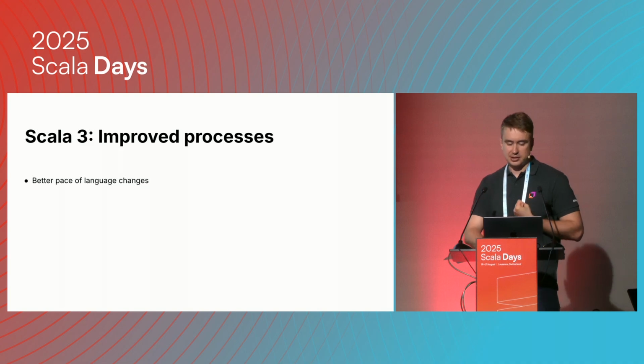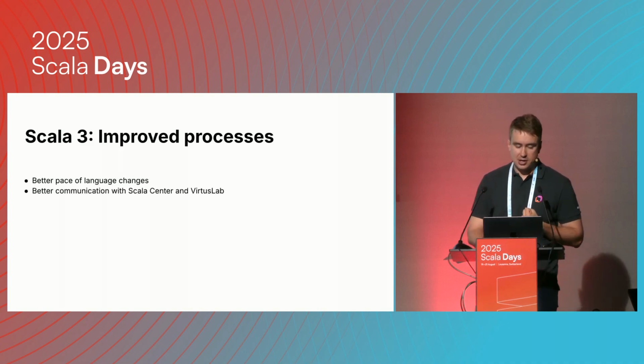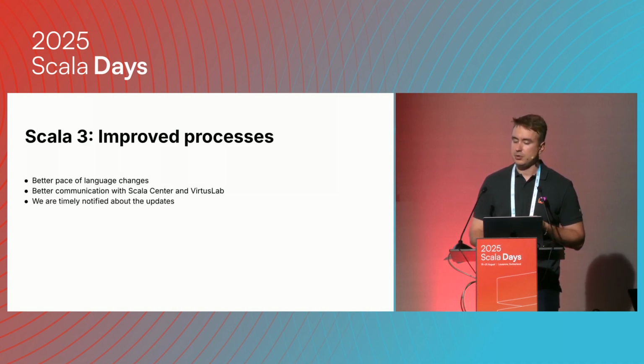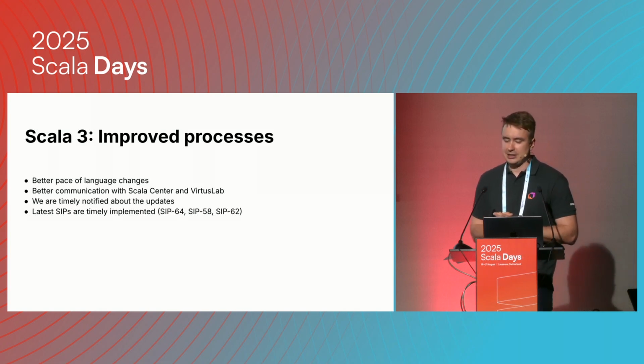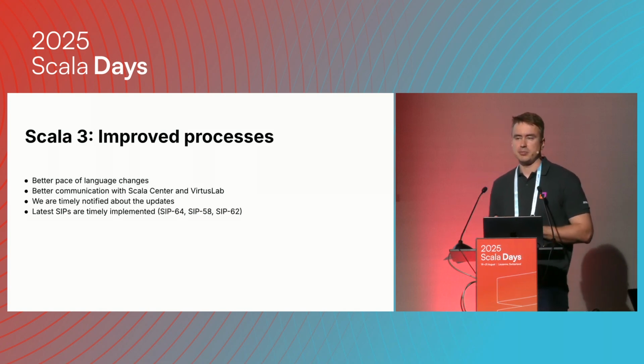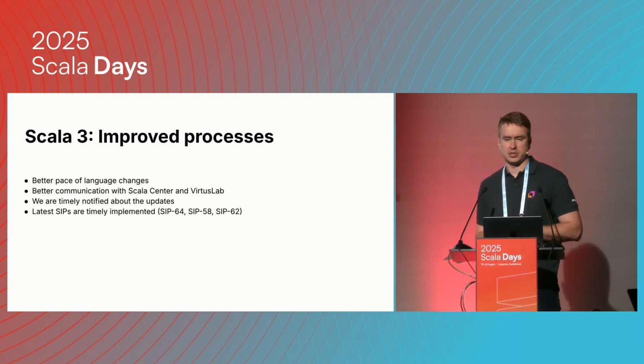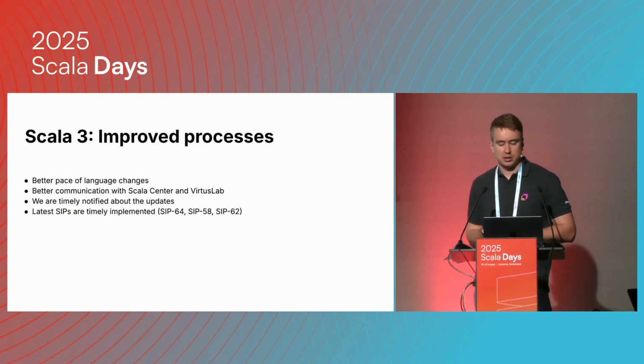They were pretty isolated, nice changes. I can highlight that we have a better communication with Scala Center and VirtusLab. They were timely notifying us about upcoming changes, and during the last year, we managed to implement most of the SIPs, like name tuples, better fors, some changes in given syntax.